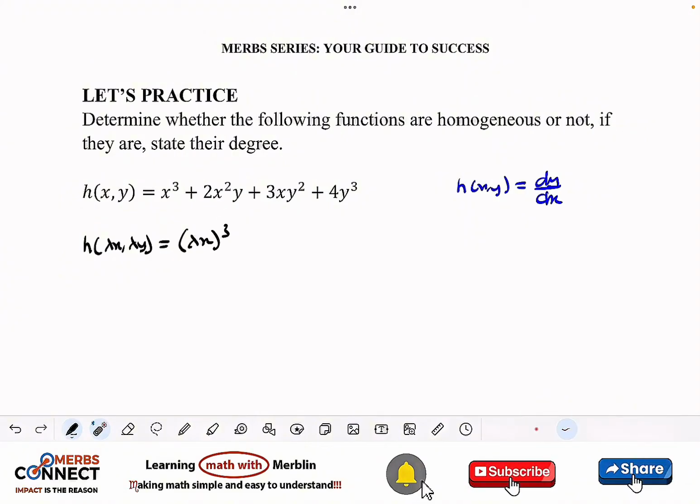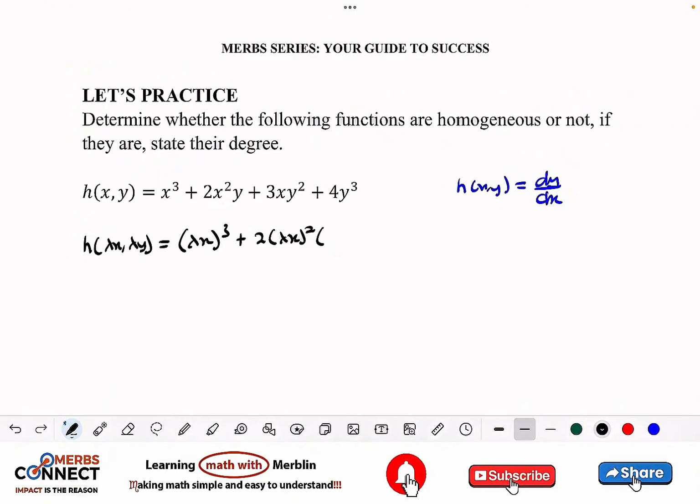We don't just do it like this; we put it in parentheses and make sure all of them are there, plus 2 lambda x all squared. Then I have y, so I need to multiply the y by lambda. Then plus 3 lambda x times lambda y all squared, plus 4 lambda y to the power 3.